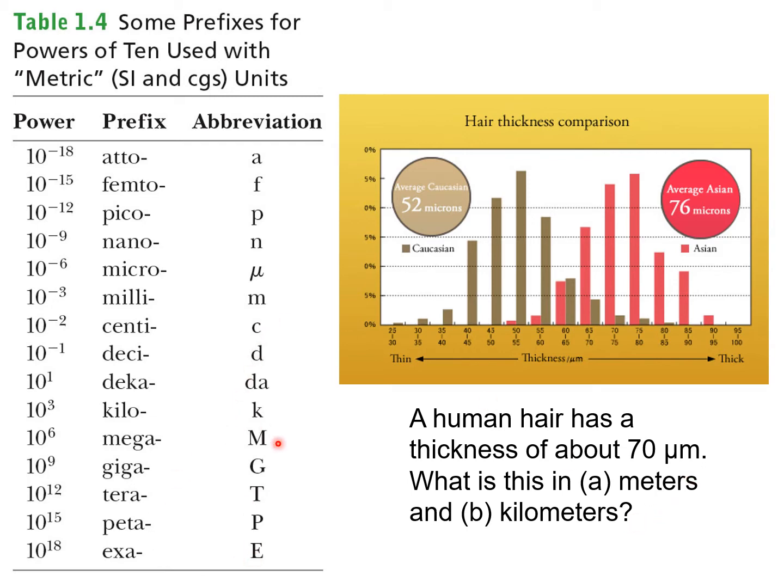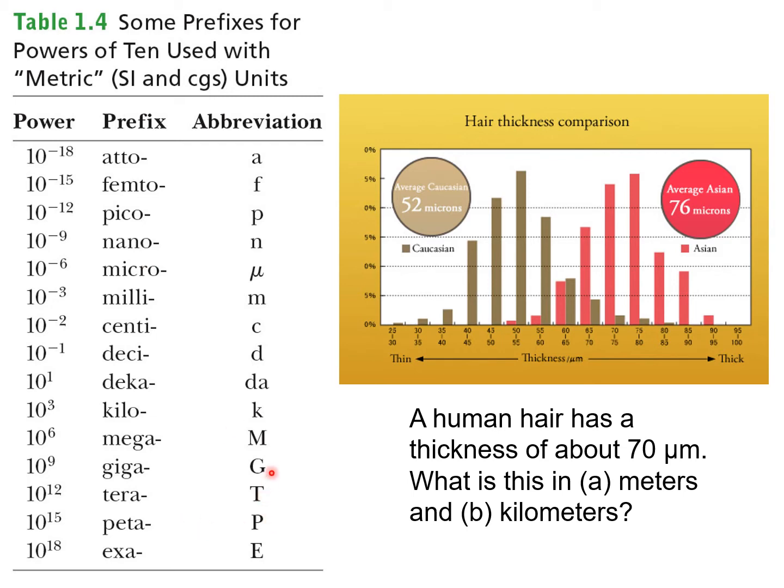For example, during my school days I always did it from top to bottom, meaning from higher value to lower value. I start with tera, giga, mega, kilo, deca, deci, centi, milli, micro, nano, pico. That's what I did during my school days.